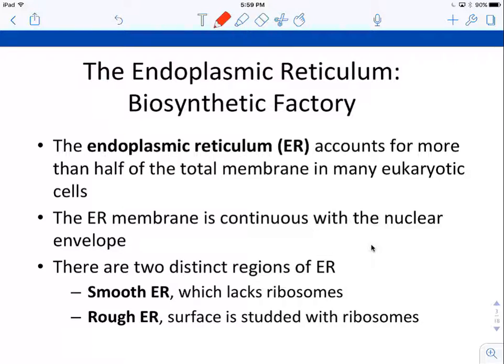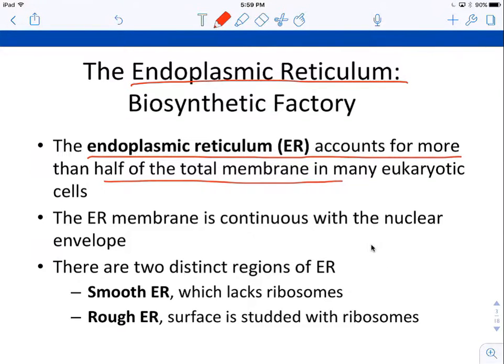We'll start off with the endoplasmic reticulum, which is a biosynthetic factory, apparently. The endoplasmic reticulum accounts for more than half of the total membrane in most eukaryotic cells. As I just said, the ER membrane is continuous with the nuclear envelope. There are 2 types of ER.